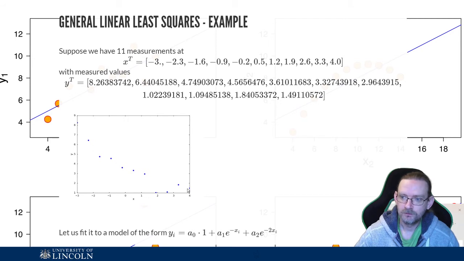You can see there's quite a lot of noise here, or maybe a much more complicated model that we don't know about. But let's say that this looks like an exponential decay with some noise on it. So let's try fitting it to a model with three basis functions. The first basis function is 1, with its parameter a0. The second basis function is e to the minus x, multiplied by its parameter, and the third is e to the minus 2x.